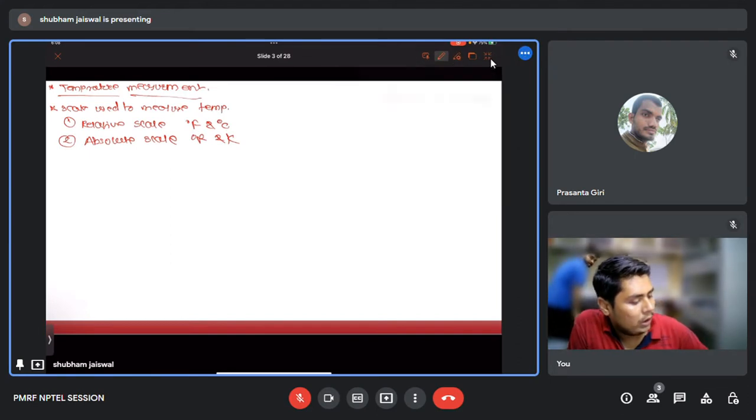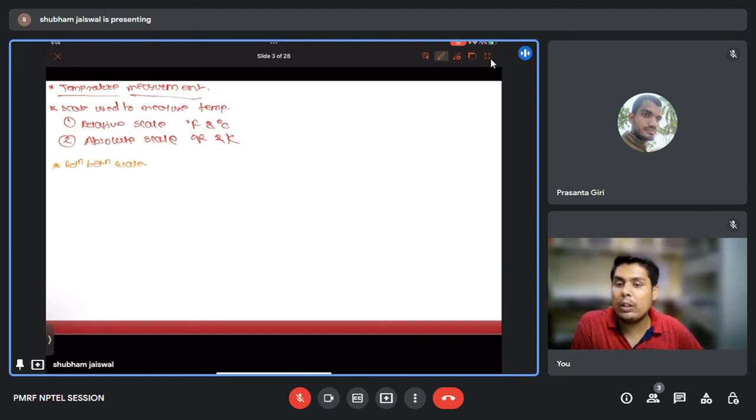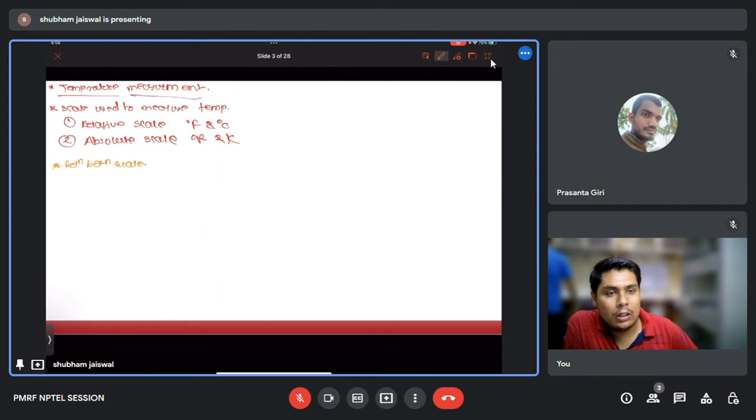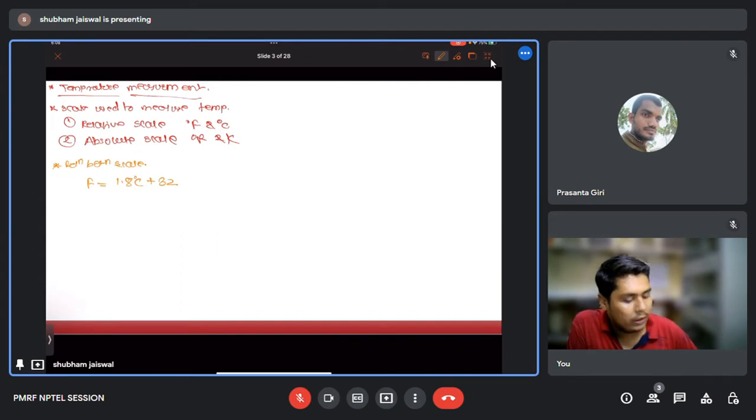The Fahrenheit scale can be related to the Celsius scale as 0.8 times the Celsius value, in degree centigrade, and the centigrade scale can be related using the second equation.